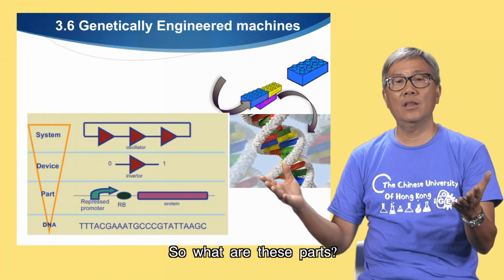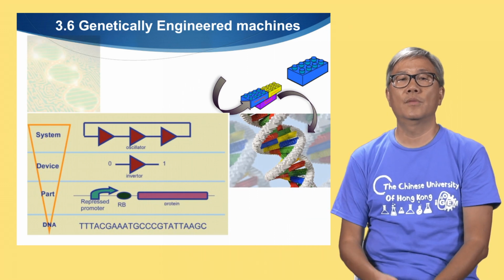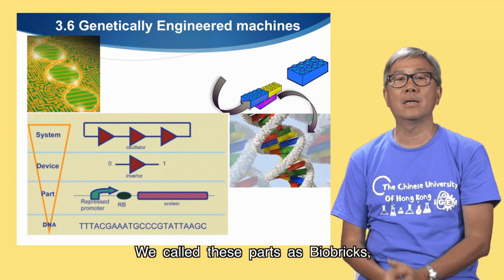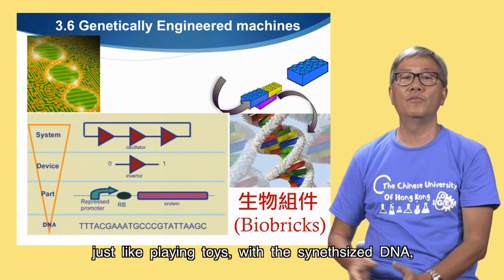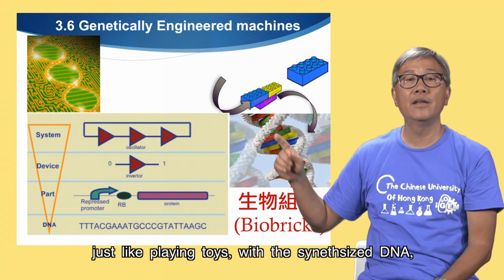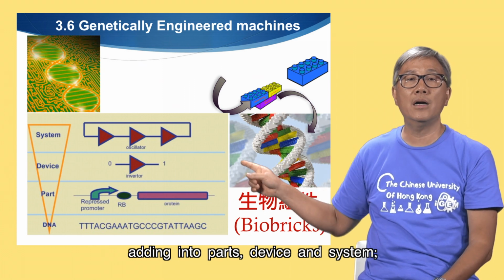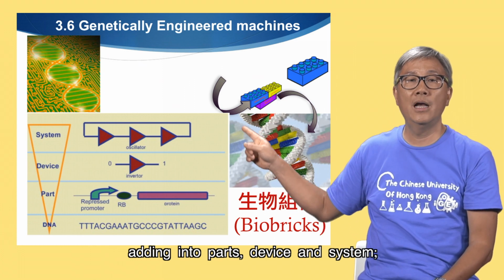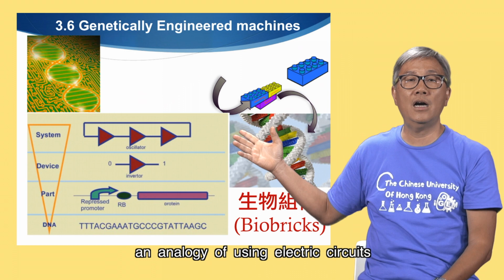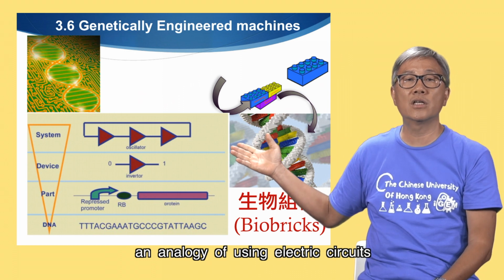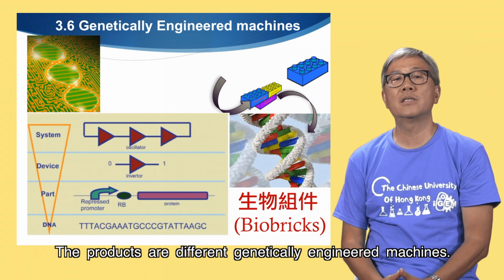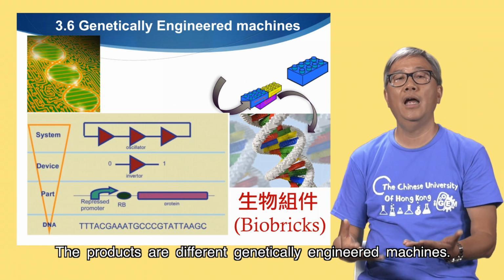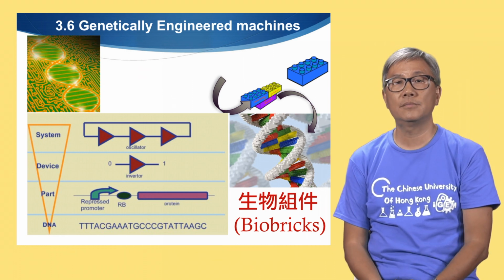So what are these parts? We call these parts biobricks, just like playing with toys, with the synthesized DNA added into parts, devices, and systems. It is an analogy of using electric circuits to build biological parts. The products are different genetically engineered machines.